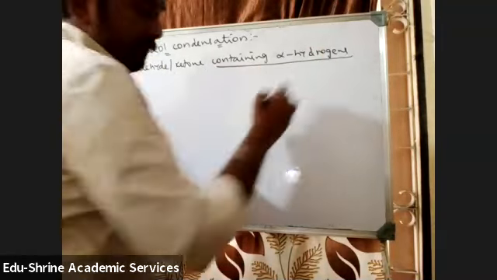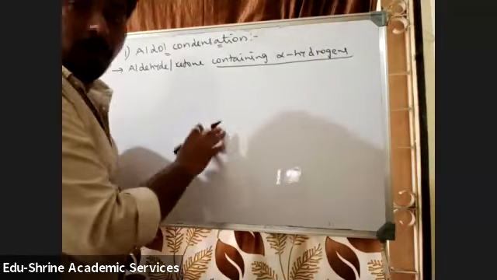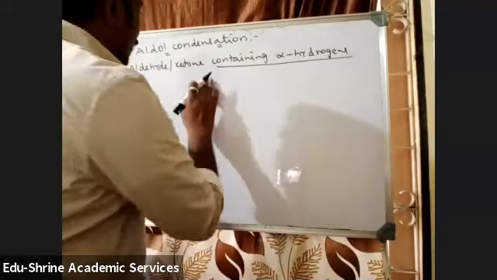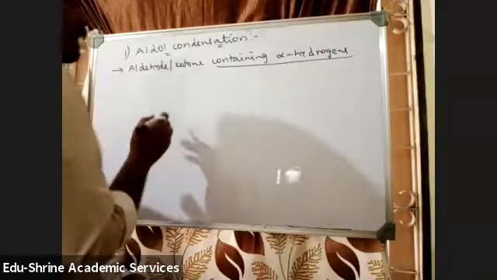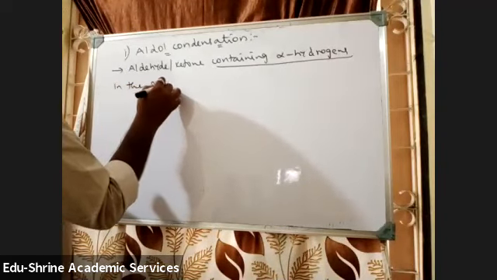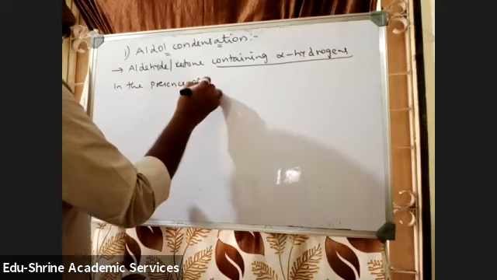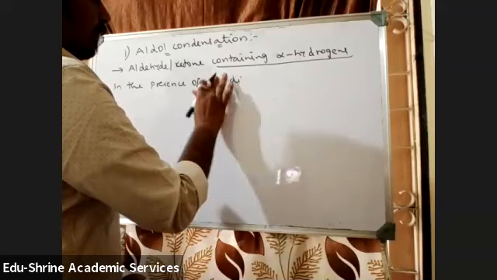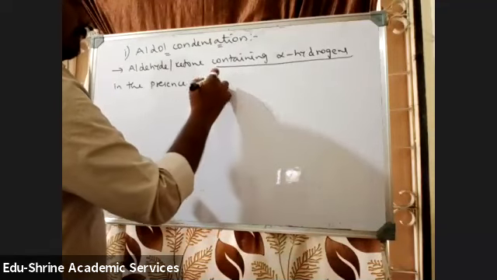This is the condition for any compound to undergo aldol condensation: it must contain alpha hydrogens. So aldehydes or ketones containing alpha hydrogens in the presence of dilute alkali.